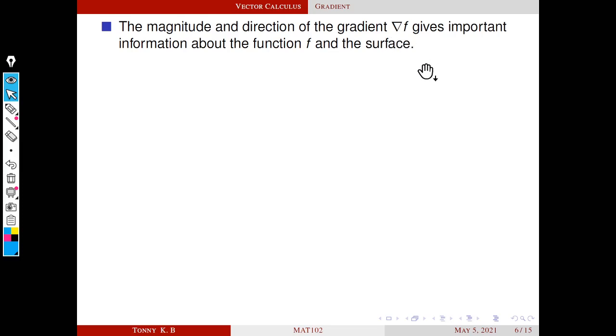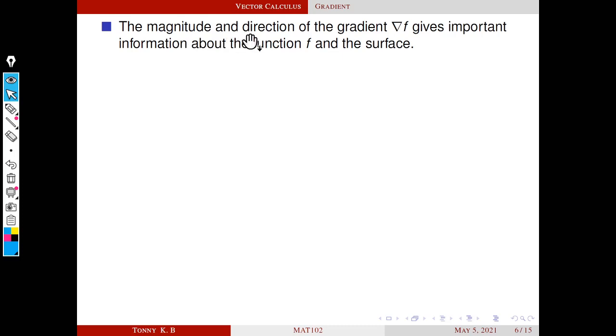Del f is not only a vector, it has many properties. The magnitude and direction of the gradient del f, whether f is two-dimensional or three-dimensional, or in general of any dimension. We will discuss only 2 and 3 dimensions, but in general the function may be in any dimension. In the case of machine learning, the error function has millions of variables, called weights and biases.